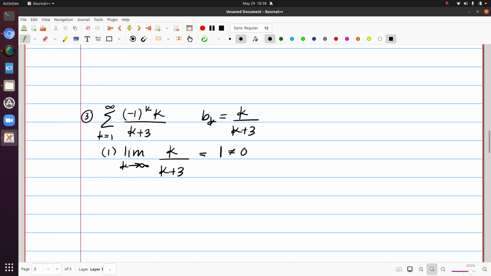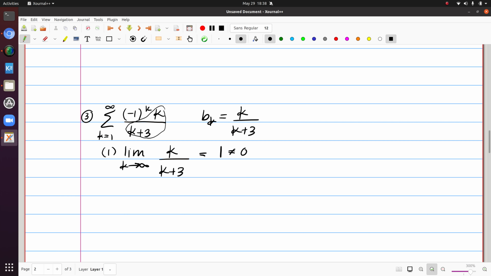However, we have just shown that the terms do not approach 0. If the size of the terms doesn't approach 0, and then you think about the alternating version, those terms would just oscillate, but again, away from 0.